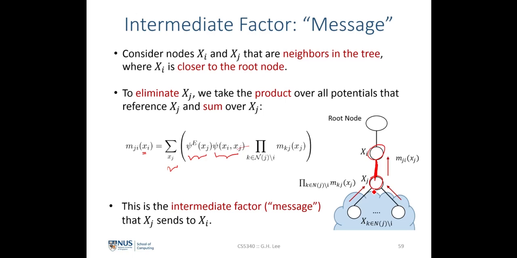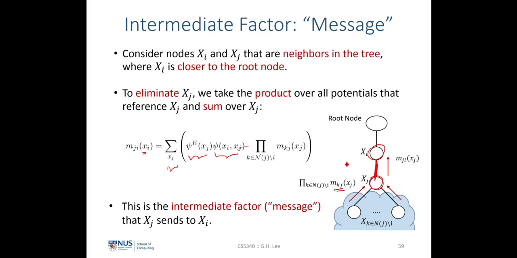Because our message passing algorithm starts off from the leaves and gradually proceeds upward into the root node of the tree, all those descendants of xj would have already produced a message after the variable elimination algorithm at the respective nodes.